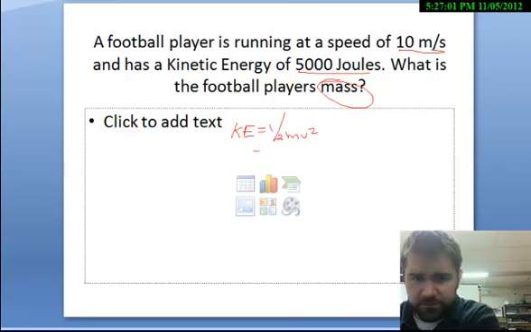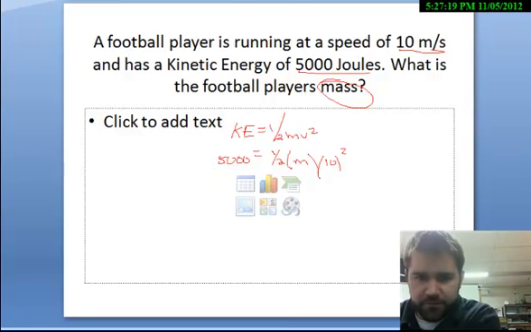which is equal to 5,000. Kinetic energy is 5,000 joules, is equal to 1/2 times mass, which I don't know, times my velocity squared, so times 10 squared.